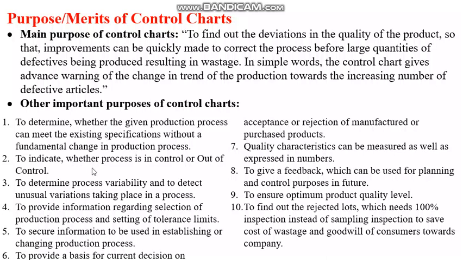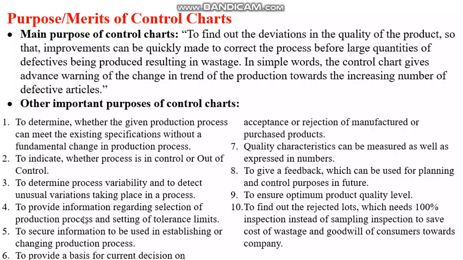To determine that, control charts are used. To indicate whether the process is in control or out of control, you can use control charts. Then to determine the process variability and to detect unusual variations, that is, because of assignable causes, you can use control charts.